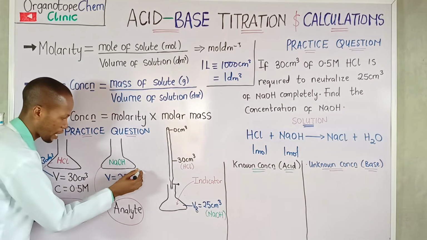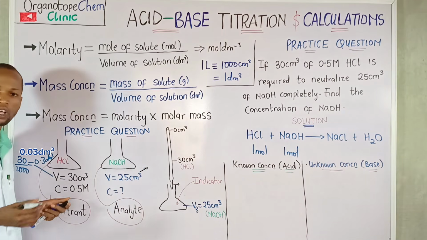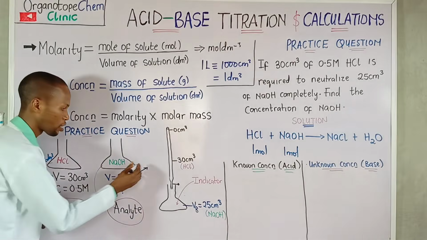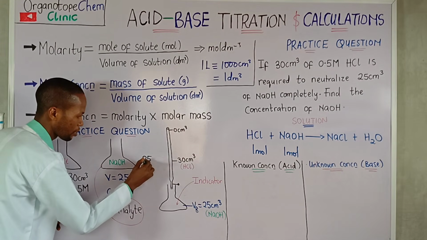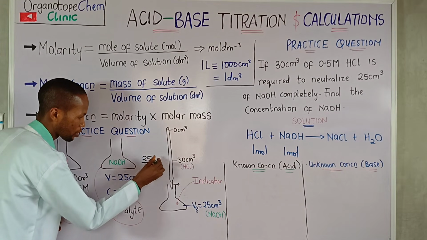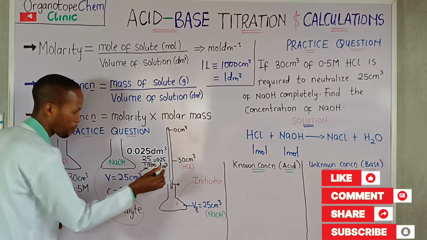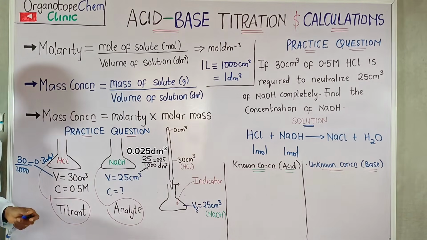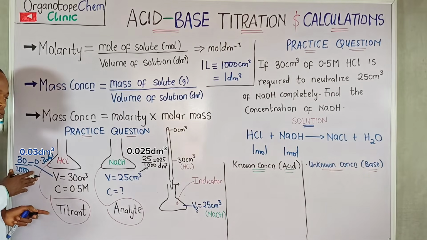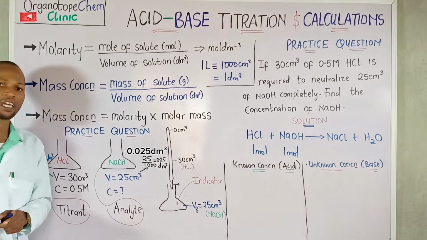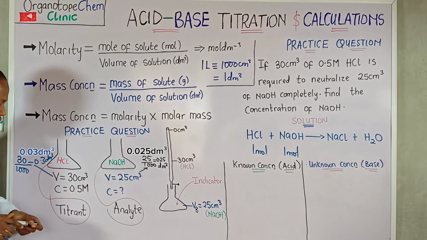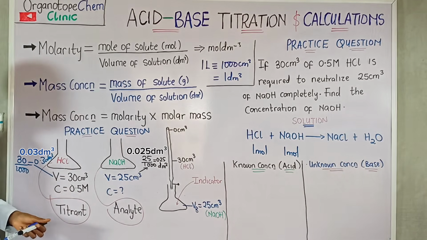And for the sodium hydroxide, the volume of base pipetted is 25 divided by 1000. That's 0.25 dm cube of the base. So we've been able to convert the volume of the acid and also the volume of the base to dm cube.